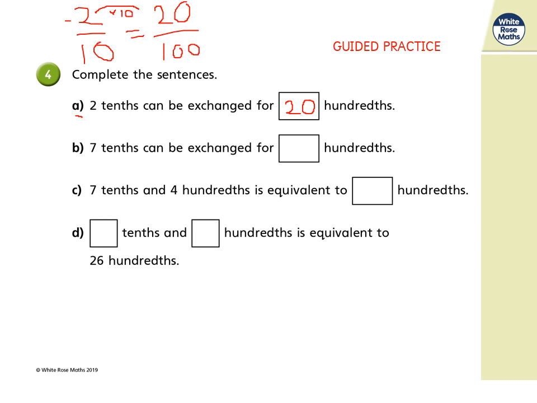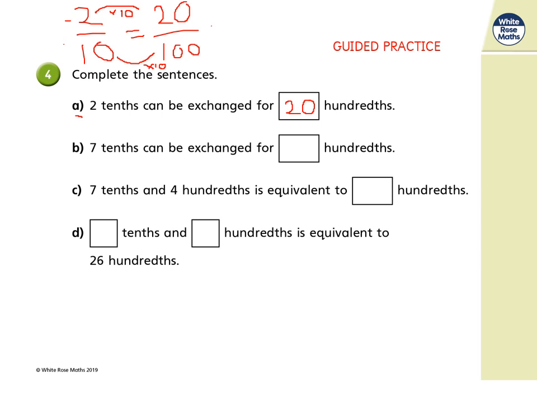So whatever we do to the top, we do to the bottom. So actually 10 has also been multiplied by 10 to get to 100. So you can see that those 2 are equal to each other. But just thinking back to my first example, if I have a 20p coin, I could exchange that for 20 pennies.